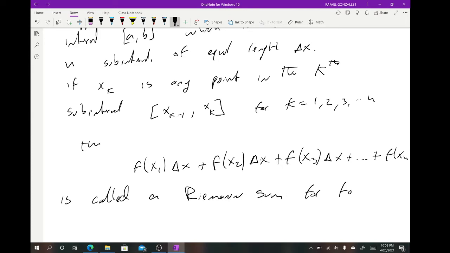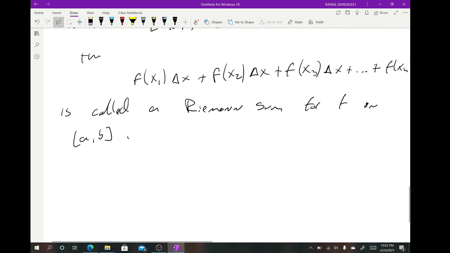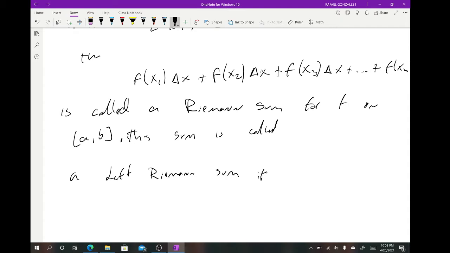for f on the interval AB. Now, much like I was mentioning in the Maple piece of this lecture, this sum is called a left Riemann sum if xk is the left endpoint of xk minus 1 and xk.